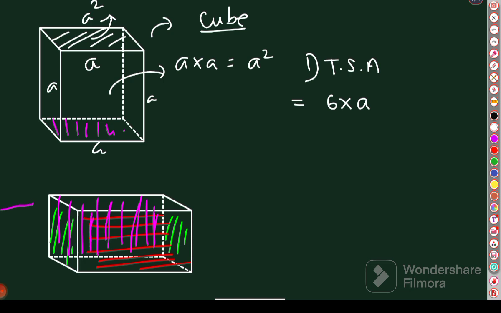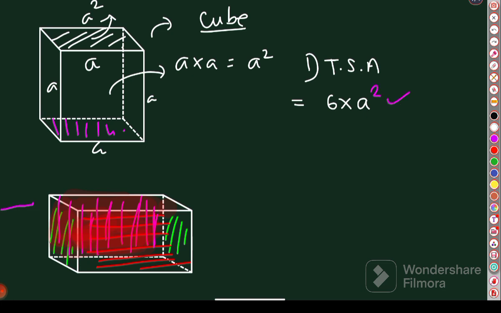So four faces are there, and these four faces are called the lateral surface. Except for the top and bottom, these surfaces are known as the lateral surface. So if I want to find out the total surface area, 6 surfaces, that means 6 a square.